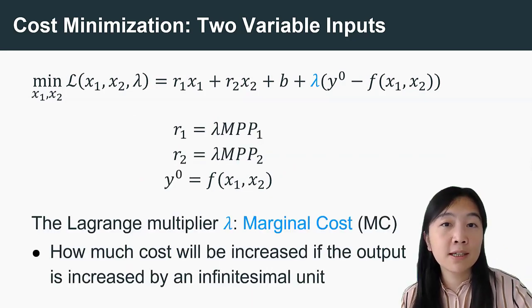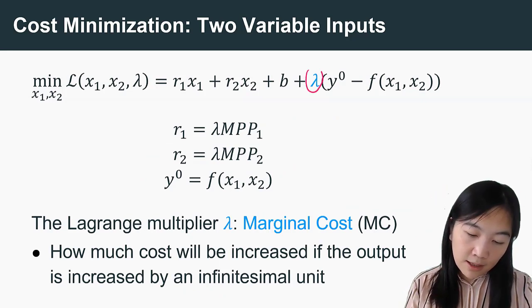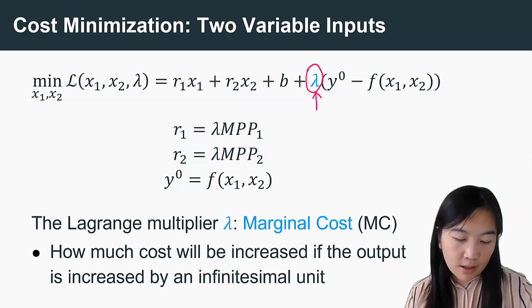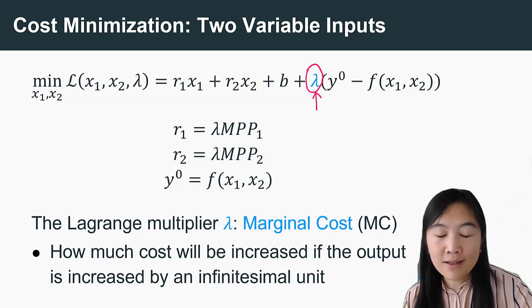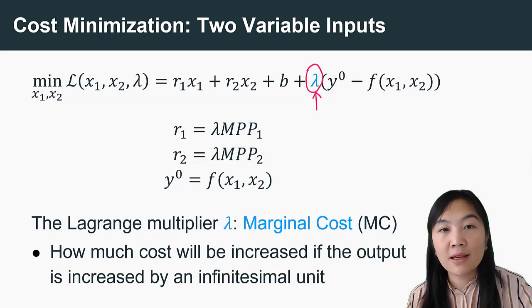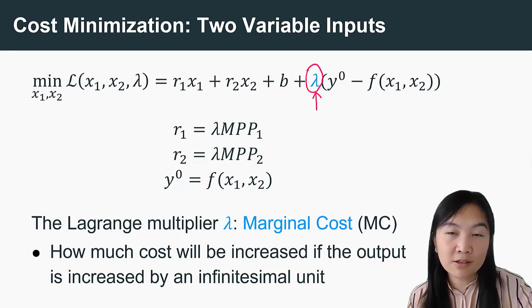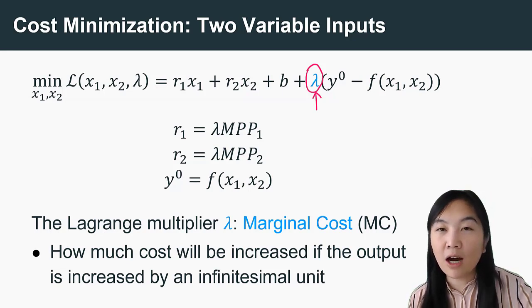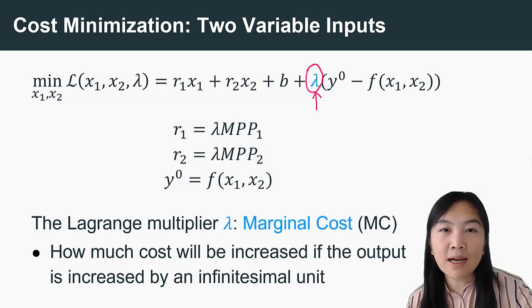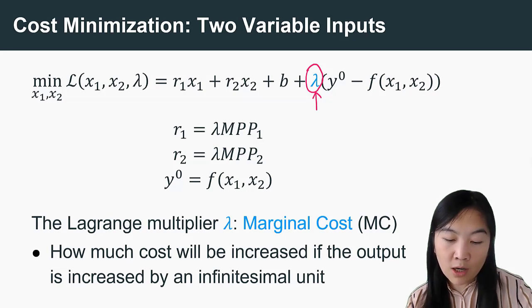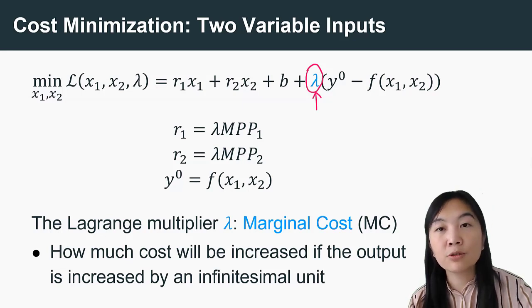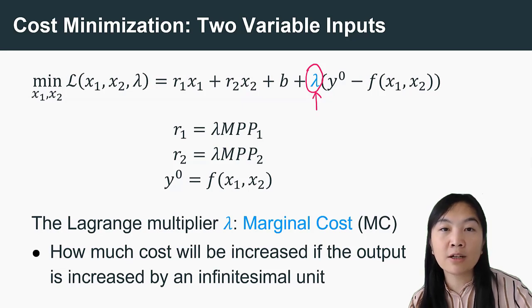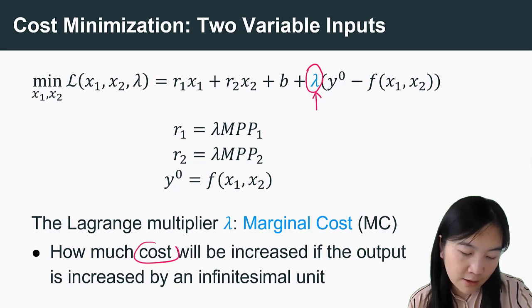Before I derive the condition for cost minimization, let me spend a little bit of time on this Lagrange multiplier lambda. Here, lambda is actually the marginal cost, which is an output perspective concept. And why is that? If you watch the video for lab 2, you will know that lambda mirrors how much your objective function value changes.